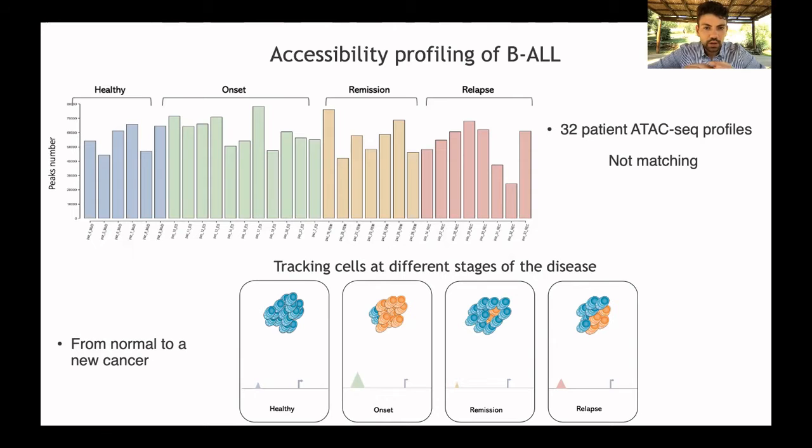Our patients were classified in 4 main categories: healthy tissues, onset, remission, and relapse. Those samples are not matching. The main hypothesis of this investigation was to track cells at different stages of the disease. So the idea is following the cancer from normal to a new cancer.